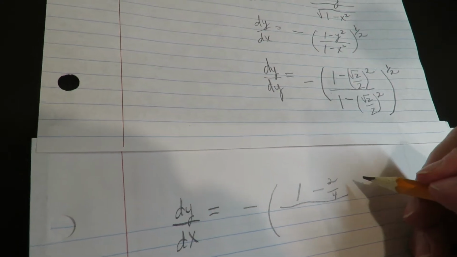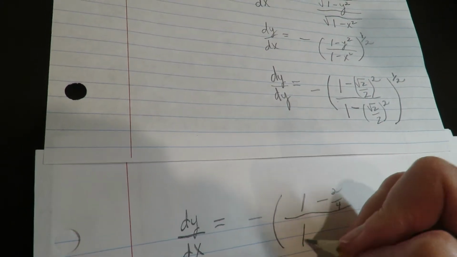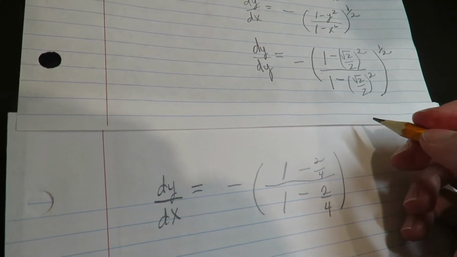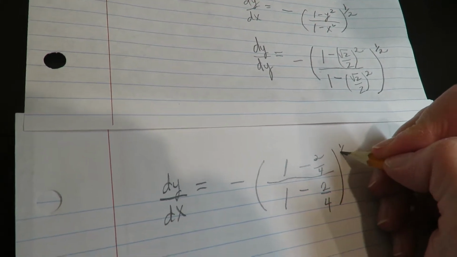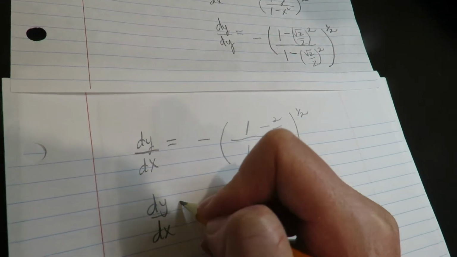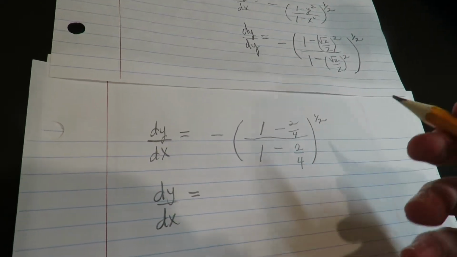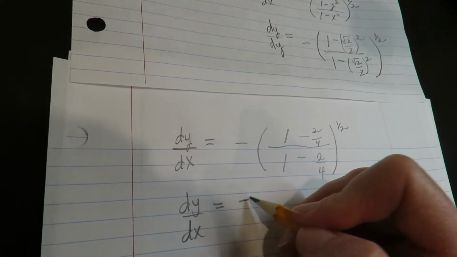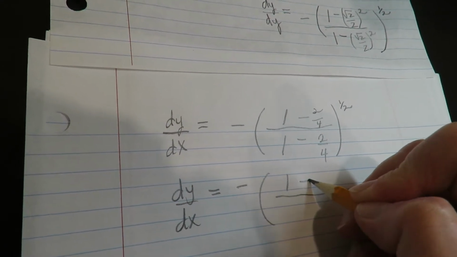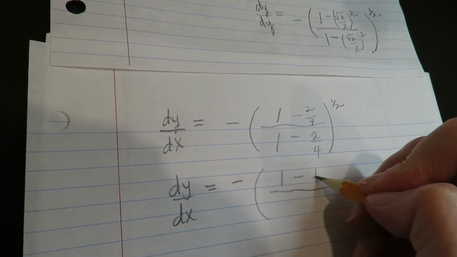I know there's more to do there, but let me just start with that. So again, on the bottom, you're going to get the same idea, 2 over 4, and this is all to the 1/2. I may write more steps than you need, but somebody may need them, so I just try to write them. 2 over 4 is a 1/2.